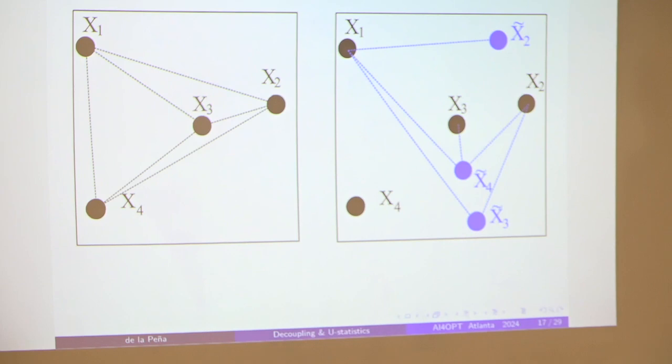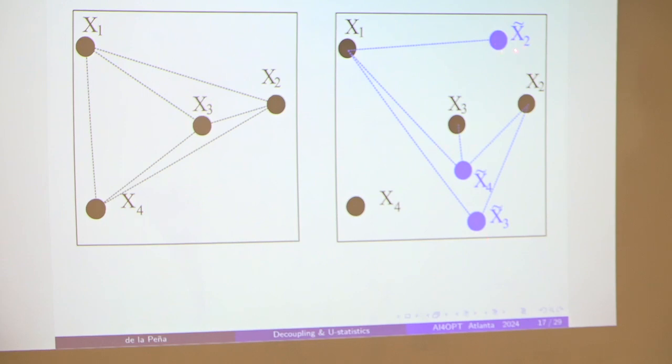And pictorially, suppose that you want to study the distance between vertices, the sum of all total distances. Well, you can decouple it. You have a sequence of points, x1 up to x4. You throw another sequence, x1 tilde.